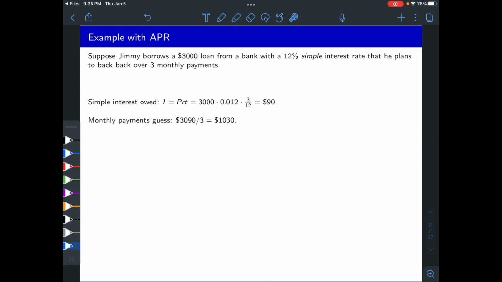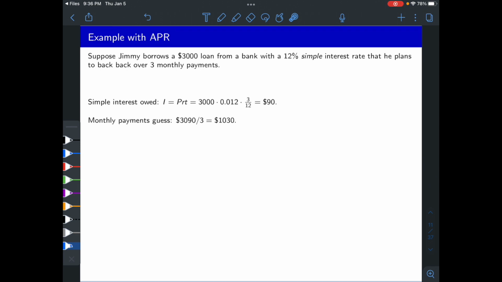Okay, cool. So if he is going to owe a total of $90 over those 3 months, then you would guess that he's going to have to pay back a total of $3,090. And if he's going to split that equally over 3 months, then that would be $1,030 that he would be paying each month.